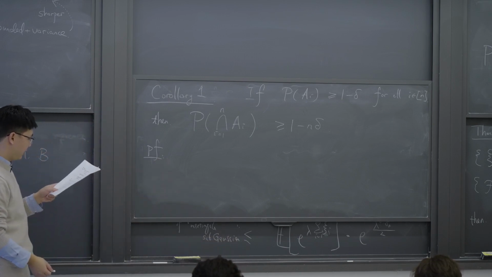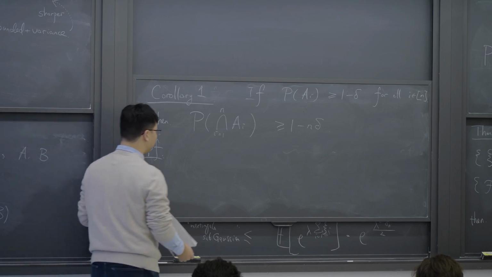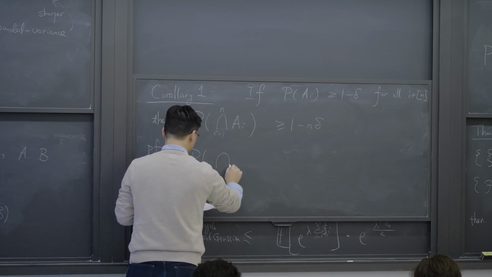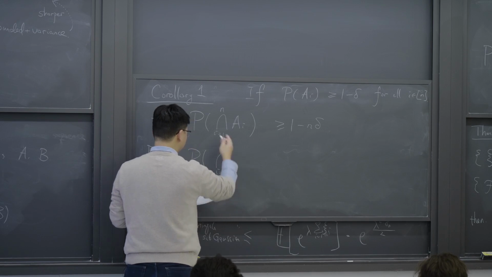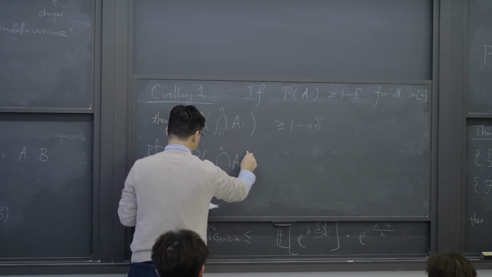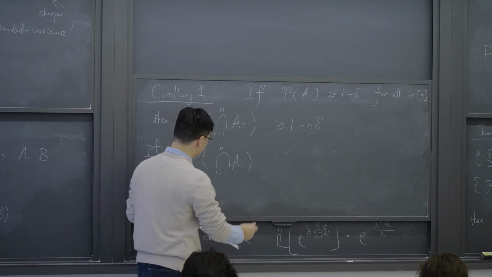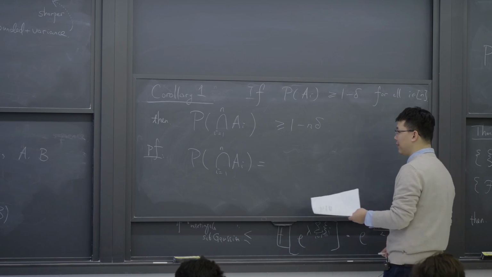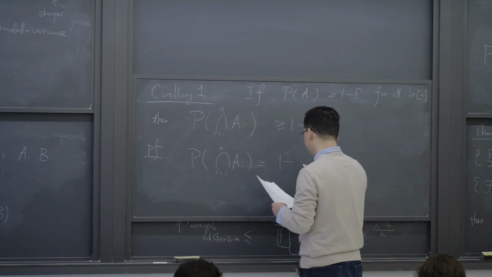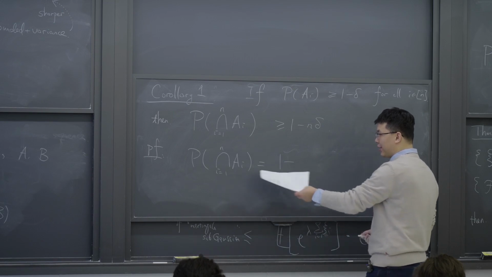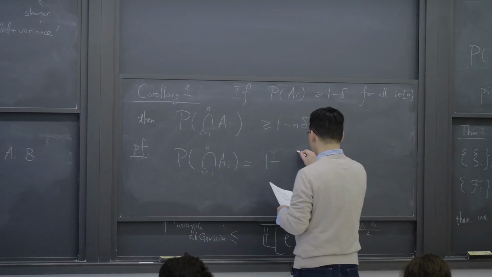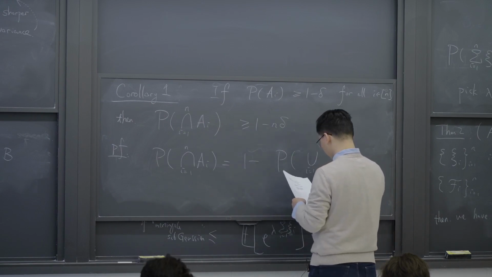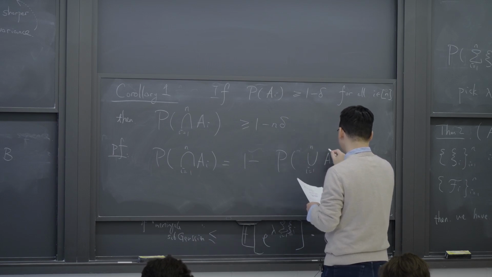So why is this corollary true? We first write out what we want to bound. And one way to calculate this is we look at the complement of this set. So the complement of the intersection of the A_i is actually equal to the union of the complements, the A_i complements.